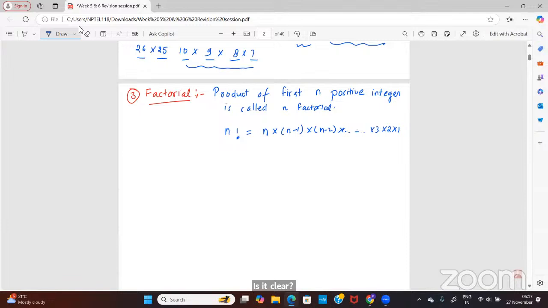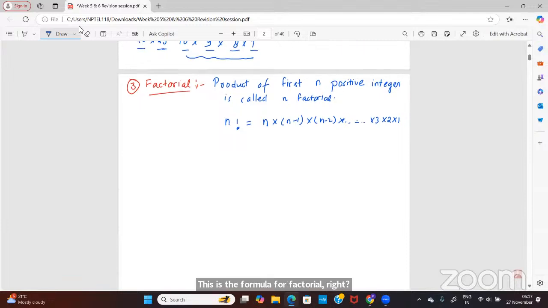Yes. Suppose you are given 5 factorial. It will be equal to 5 into 4 into 3 into 2 into 1. Suppose we are given 4 factorial, then it will be 4 into 3 into 2 into 1.